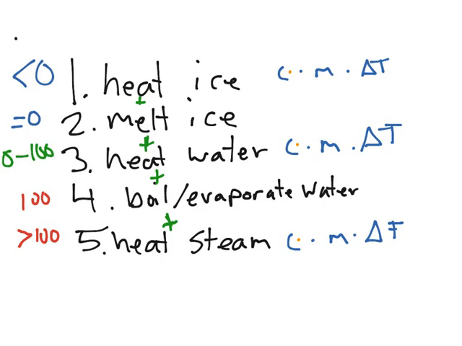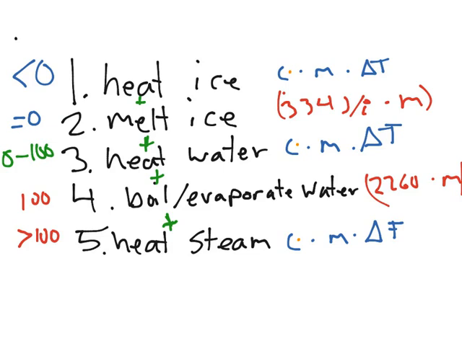Also, we're going to need to do the phase changes. To melt ice, it takes 334 joules per gram, so 334 joules times the mass. And to boil or evaporate water, it is 2,260 joules per gram, so you multiply that by mass.